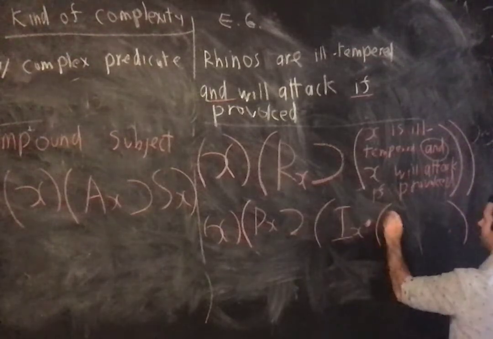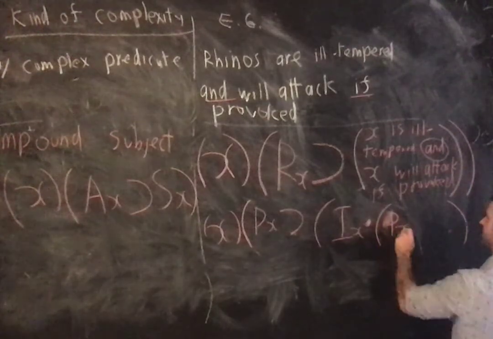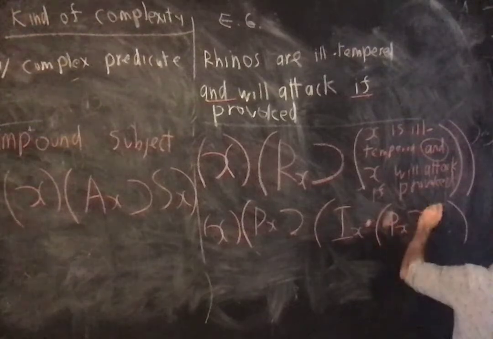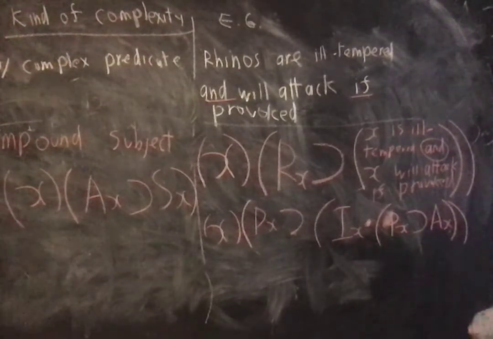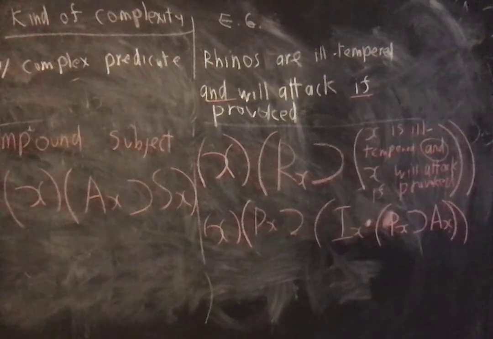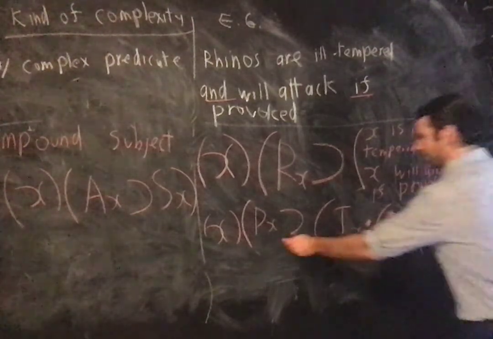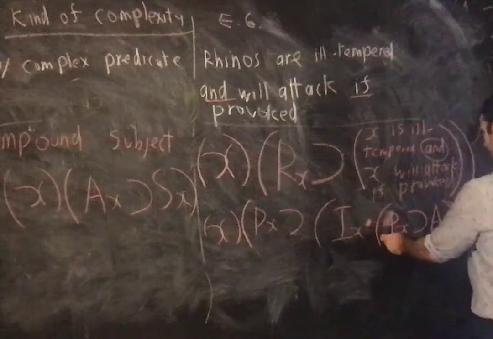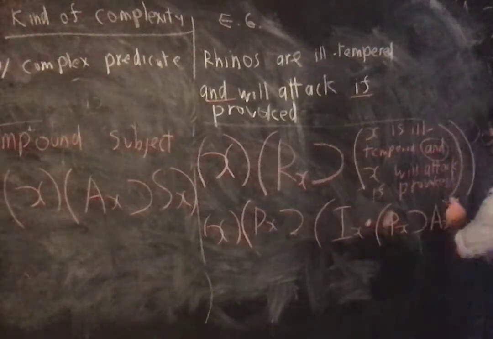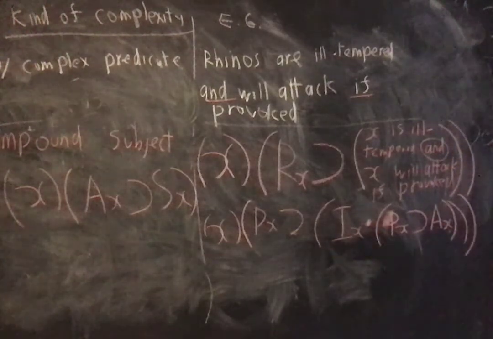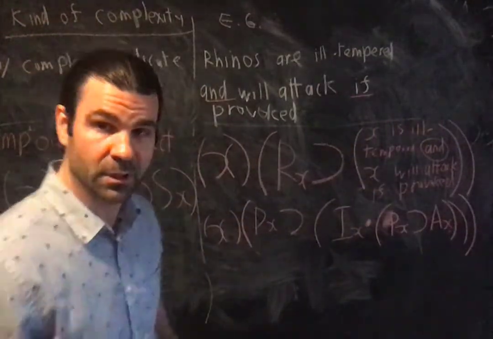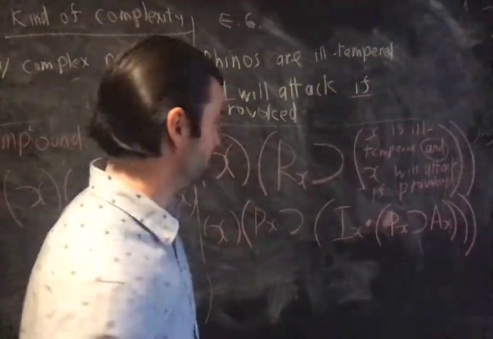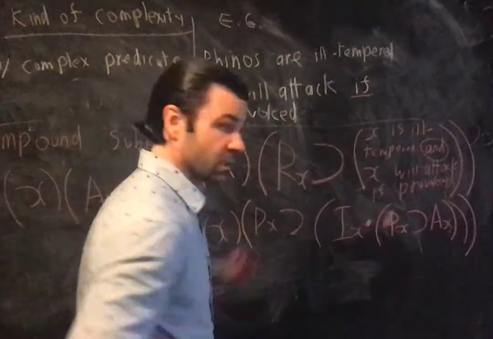The if is the antecedent of a conditional: if it's provoked, it will attack. That is an open bracket. That goes with that. That goes with that. Another closed bracket, so I should have three brackets. Got them all? Yep. So that's how you do that.